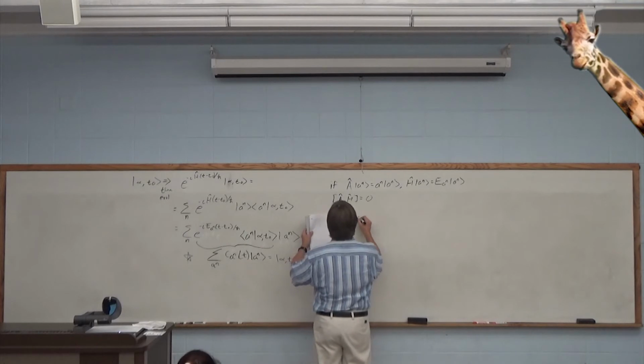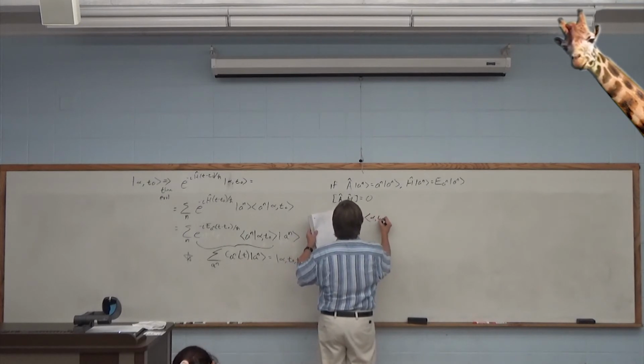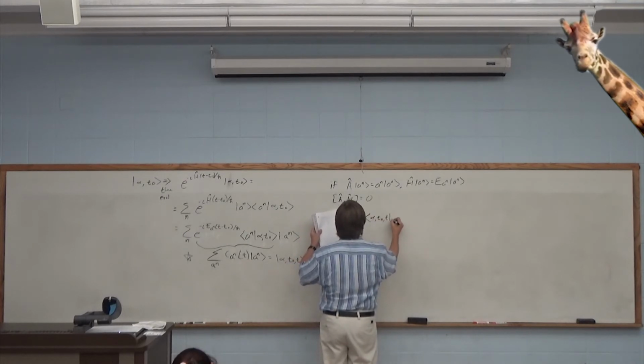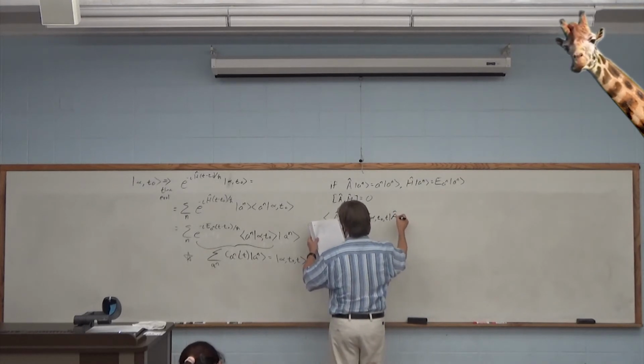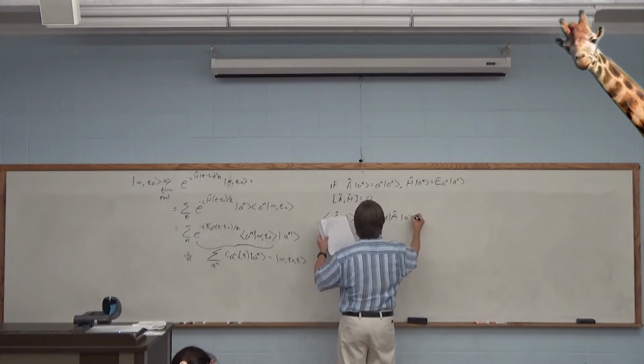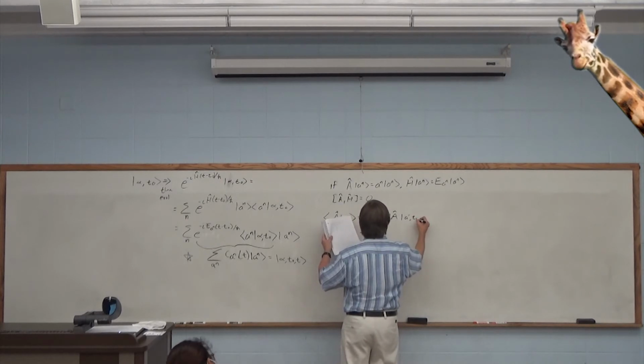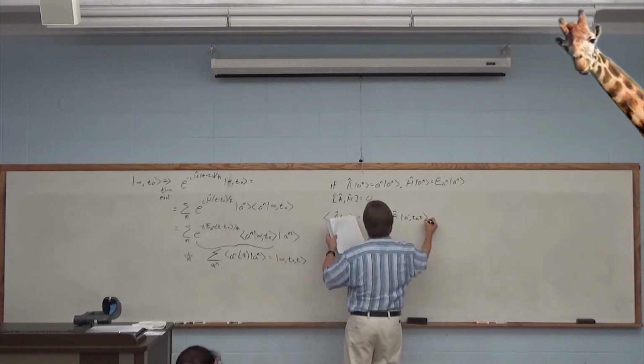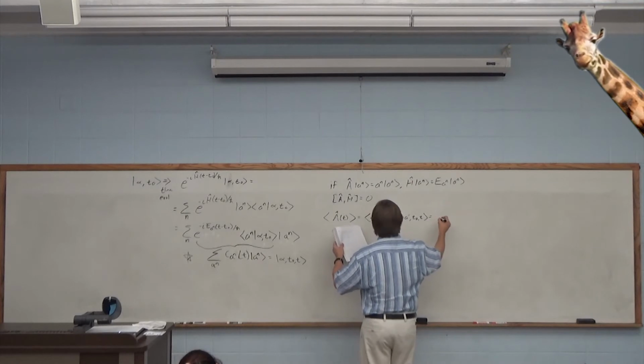Okay, so what does that mean? Alpha, t0, t. So there's your time evolution. A is still A. Ket to the right, bra to the left. Okay.